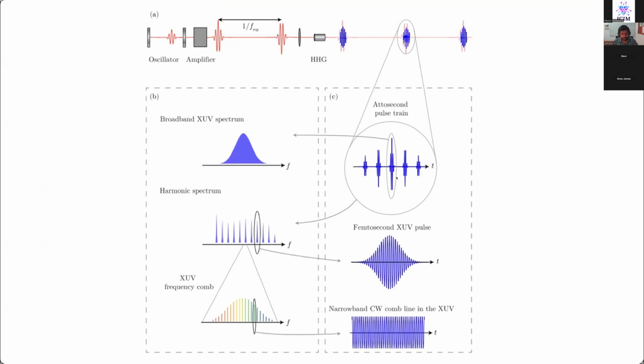This is so rich, and if you select or tune this, you can do multiple experiments related to electron dynamics, probing and controlling matter, development of advanced technologies and applications in applied sciences. So this is a rich field.